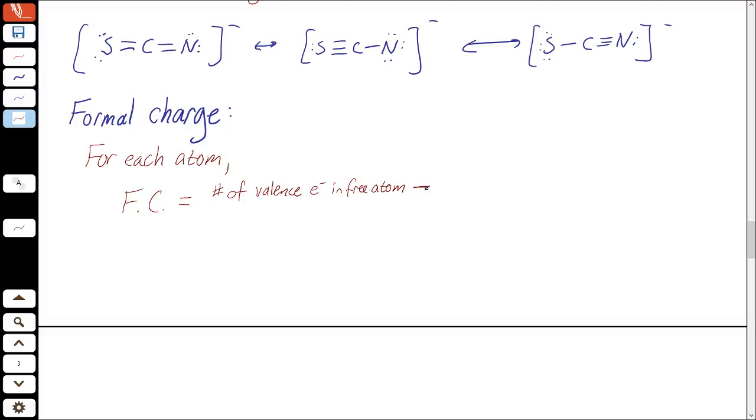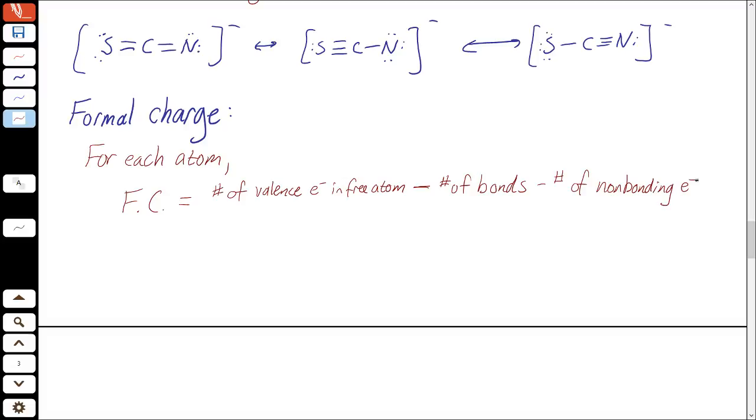And then you subtract the number of bonds. And then you subtract the number of non-bonding electrons. Not pairs, but actual individual electrons.